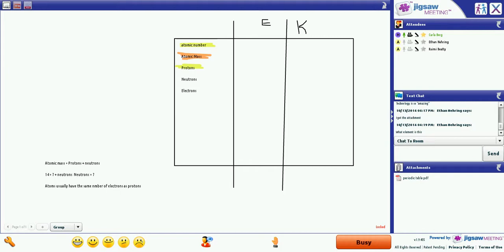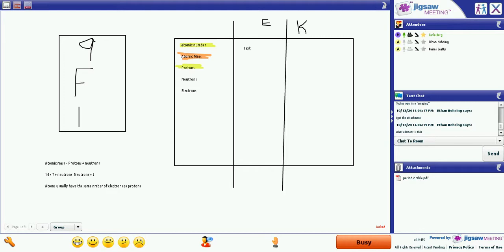And our new symbol is going to be fluorine. So if you guys could go ahead and try to figure that out, that would be fantastic.